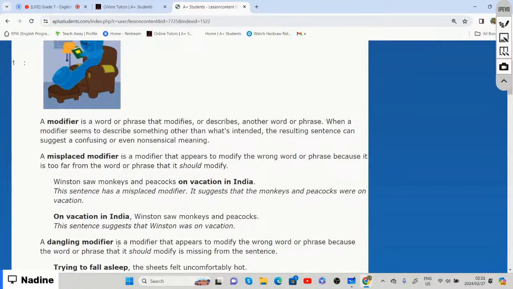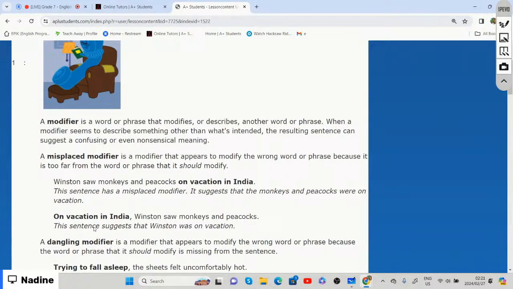And we made an example of the monkey and the peacock that is on vacation. So with certain words missing, or if a sentence is not properly written, then definitely we will have misplaced modifiers where it will suggest something else, right? It means something different.